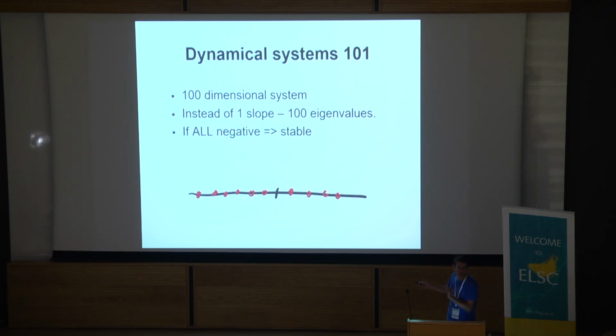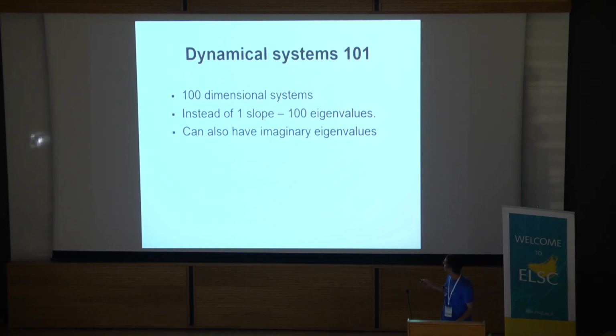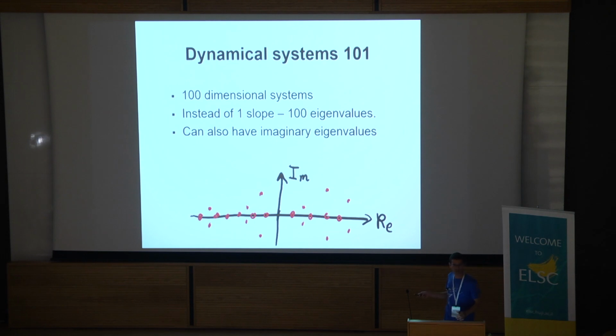But we need all of them to be negative. Actually, there's a bit more to it. Once you have this high-dimensional system, these numbers are no longer nice and arranged on this nice line. They can also be imaginary. Okay, so eigenvalues can have both a real component and an imaginary component.